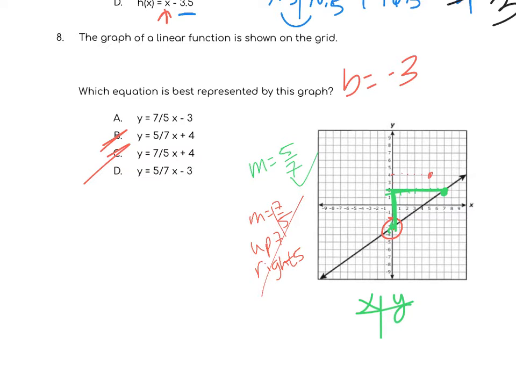Just remember, if you go the other way, the vertical change would be negative, and this horizontal change then would also be negative because you're going in the negative direction. Okay, so up and right are positive directions, down and left are both negative directions. Okay, all right, so at any rate, that makes this answer D.